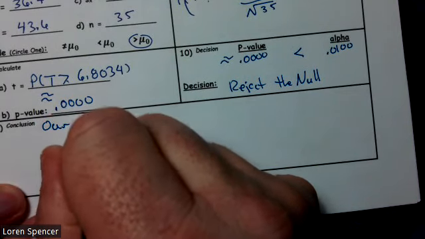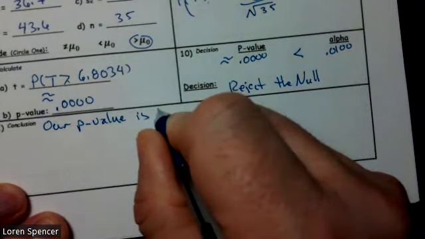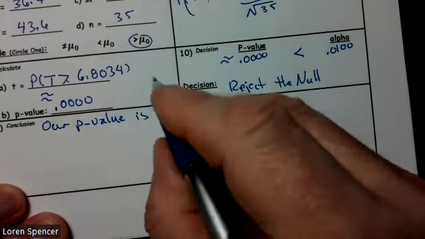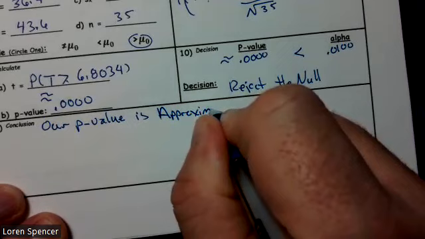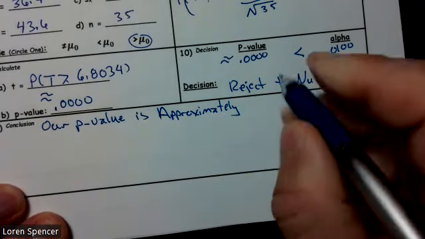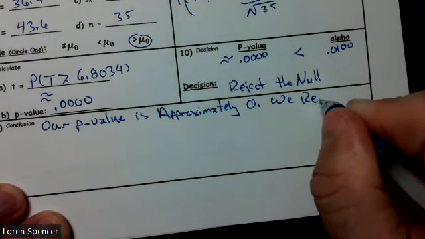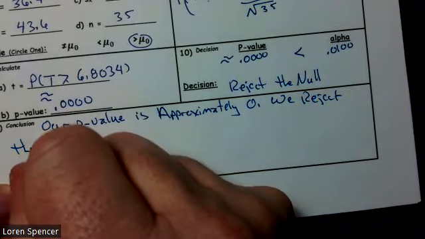Our p-value is, and it's not really 0, so we're going to say it's approximately 0. We reject the null.